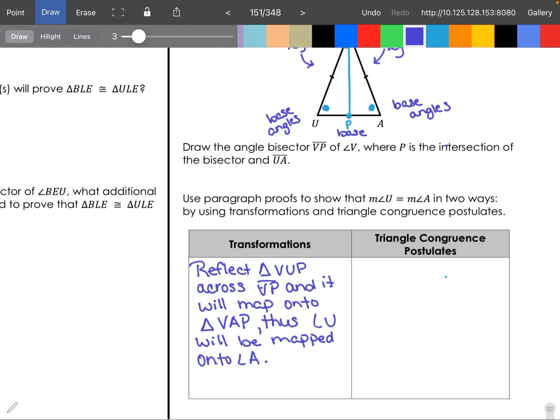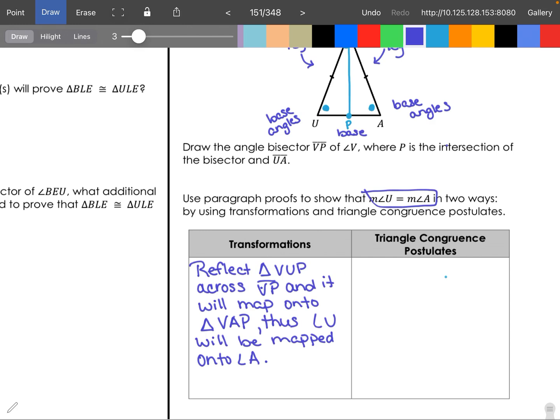But the proof says what we have to do is not show congruence, but we need to show that the measures are equal. One thing that we know is that the definition of congruence says that if two parts are congruent to each other, then their measures are equal.